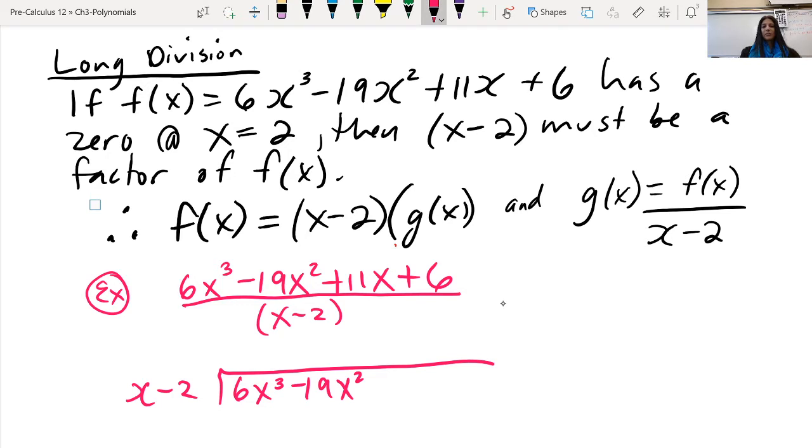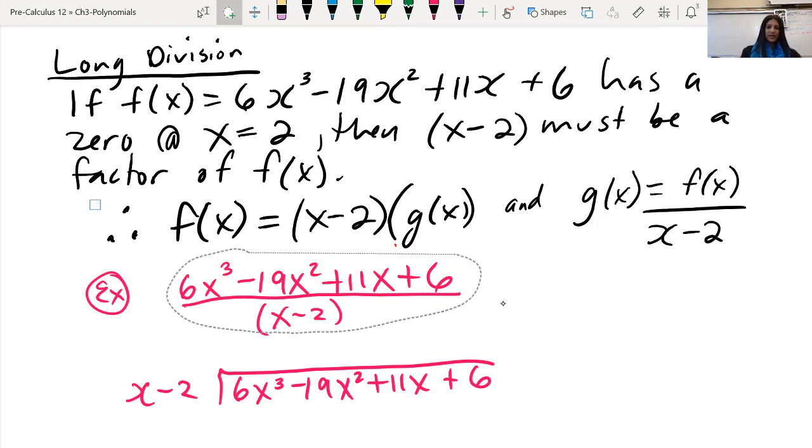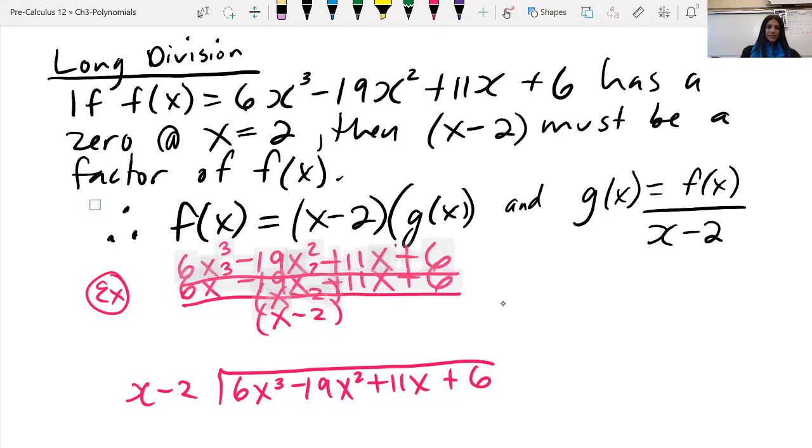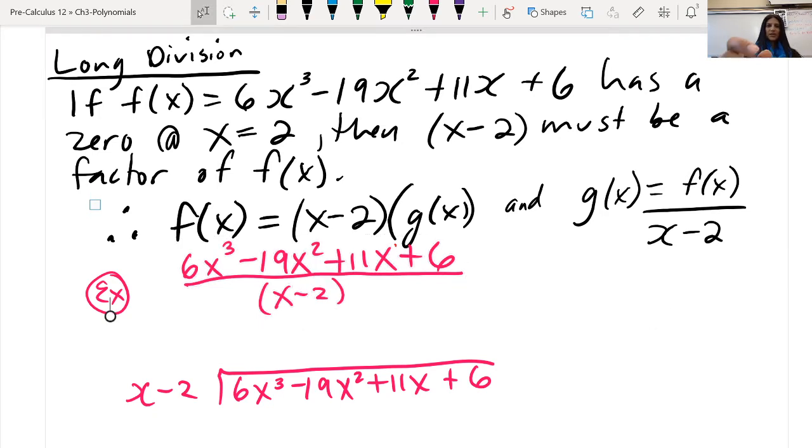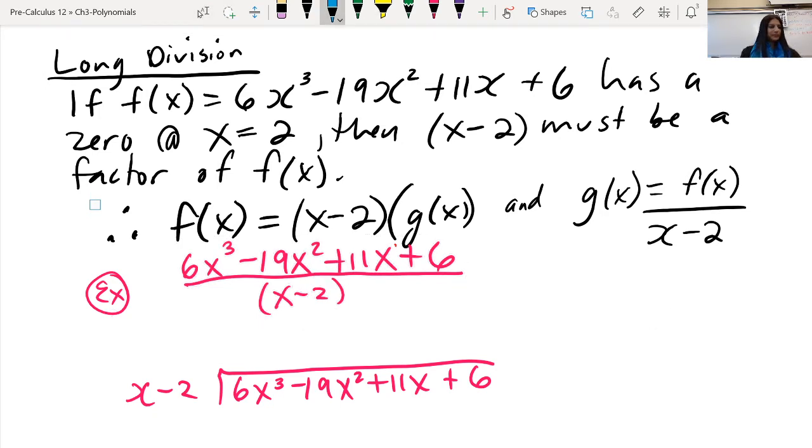If not, I would put in a 0x here as a placeholder, but since I do have a plus 11x, I can just write that. And I'm going to move this up so that it's out of our way, and so that I can work my way through this and get our solution.